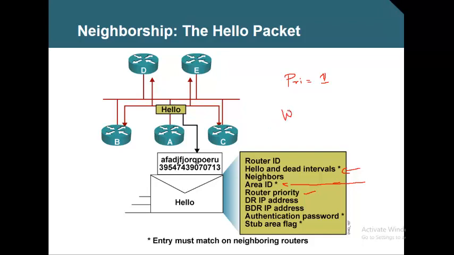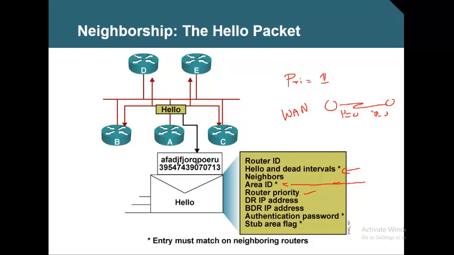In a WAN environment, meaning we call it a serial wire, the priority is always 0. What if I change the priority? If you want to change the priority, definitely you can do that. But it's of no use.